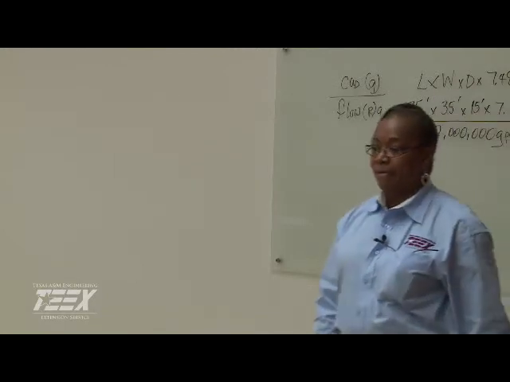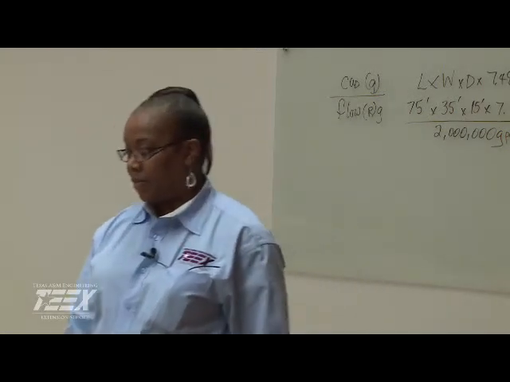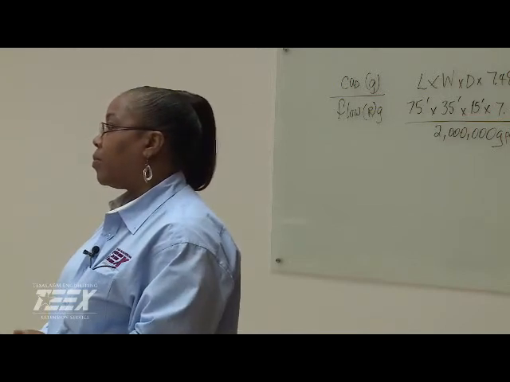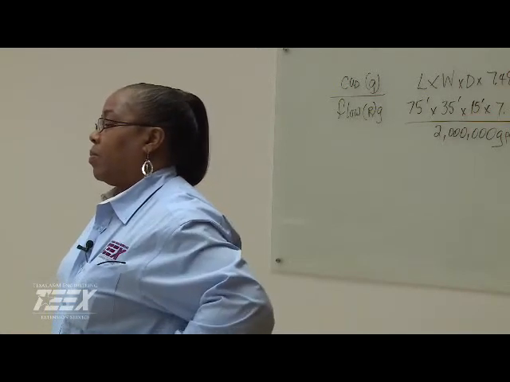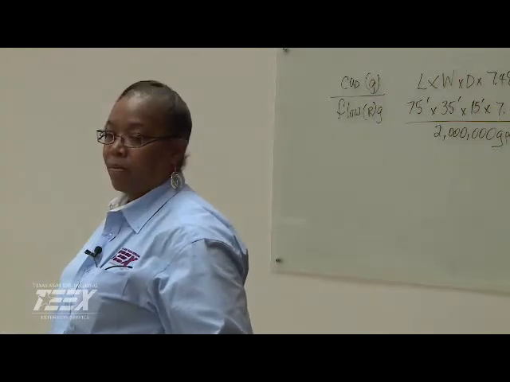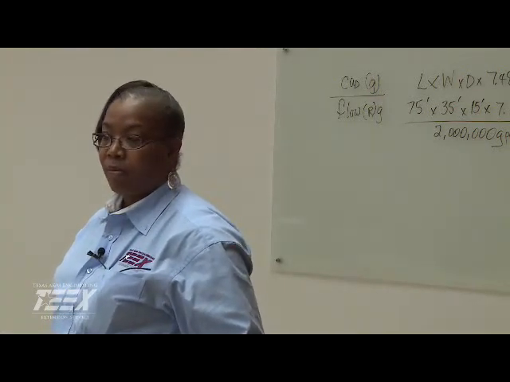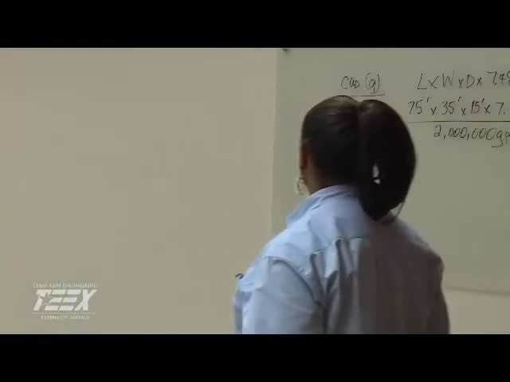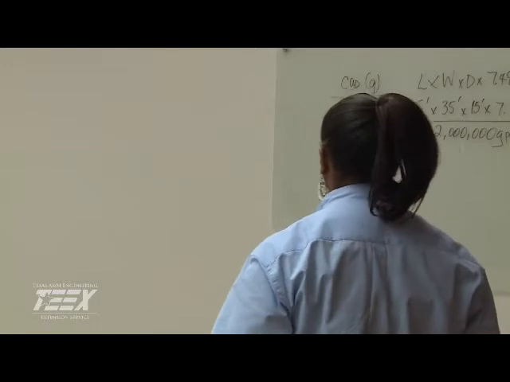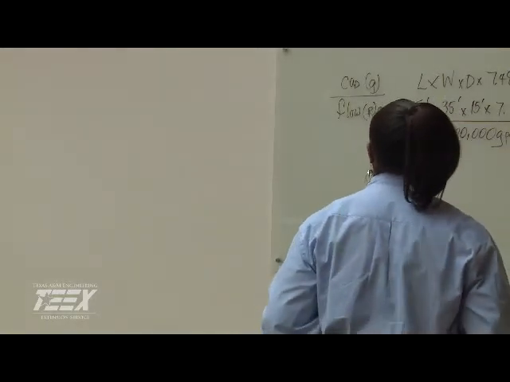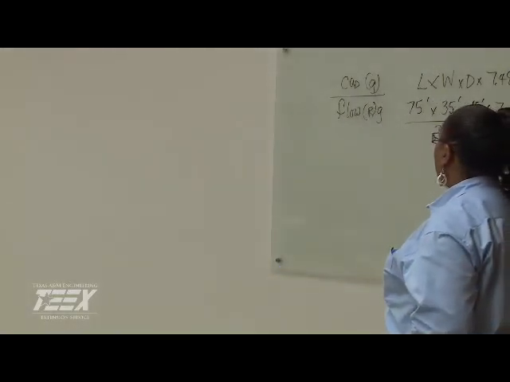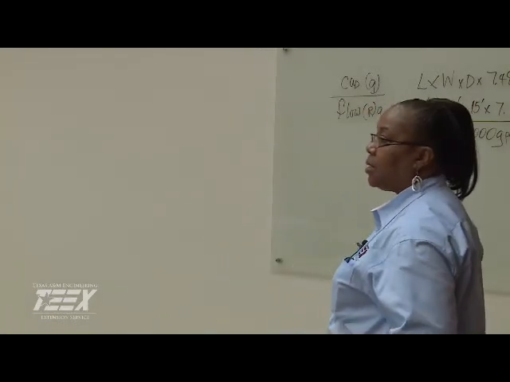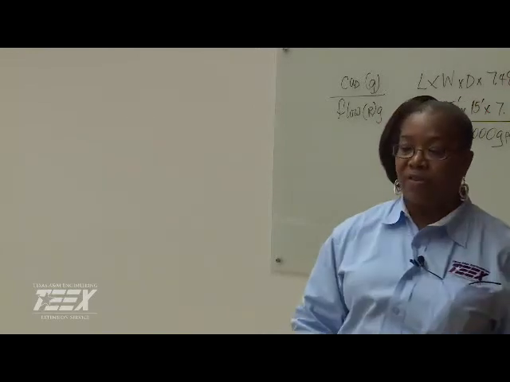Okay. 75 times 35 times 15 times 7.48 gives me capacity in gallons, divided by 2 million, times 24 converts it to hours.